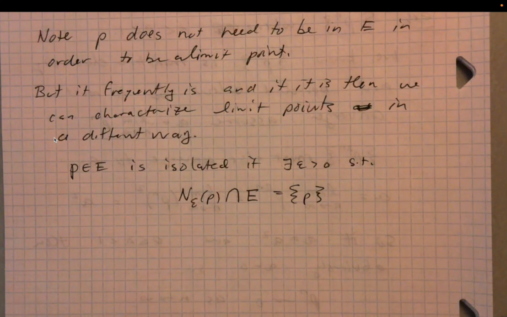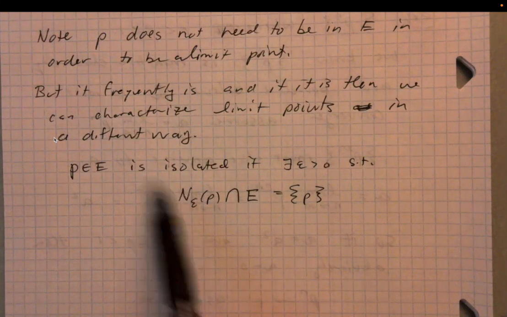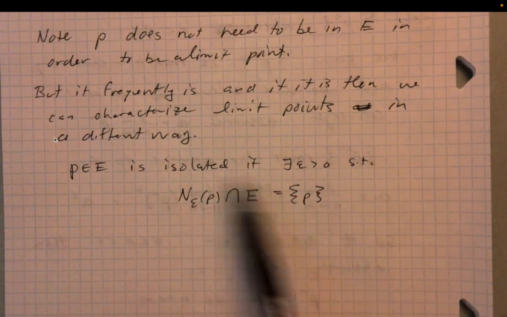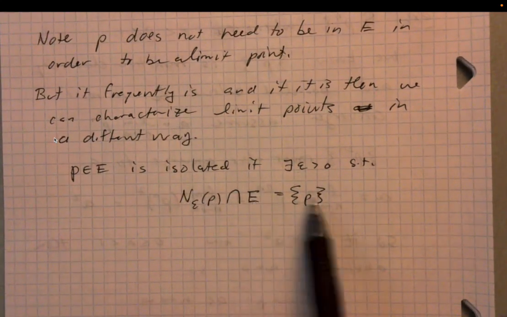We don't really define it in this way because, again, limit points don't have to be in E. But if you've got a point in E and you're trying to determine if it's a limit point, this characterization is frequently useful: can I find an epsilon greater than 0 such that the intersection of my epsilon neighborhood with E just contains P?